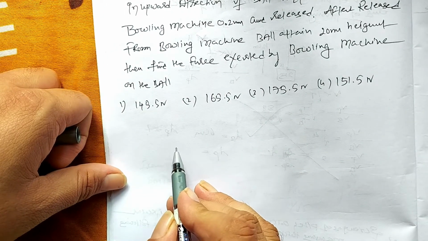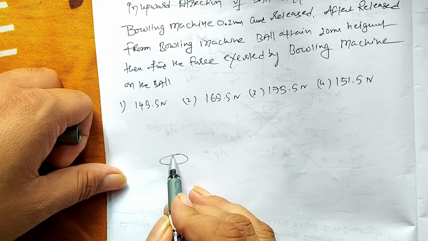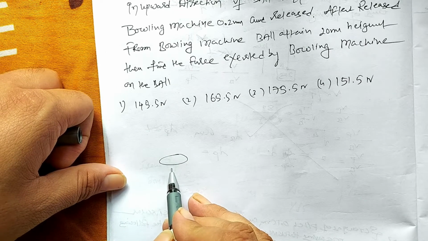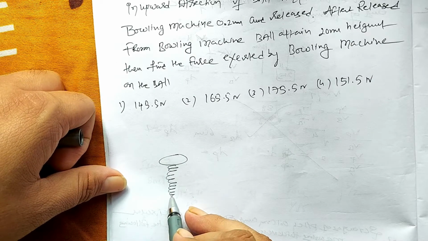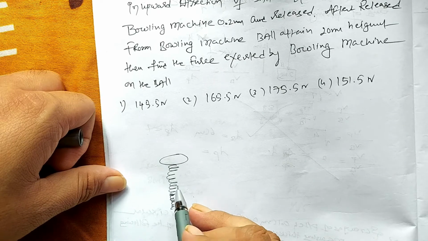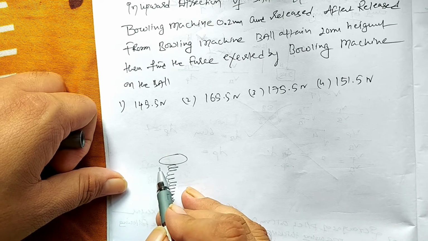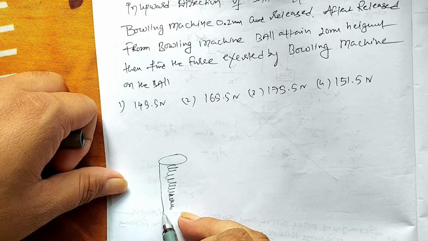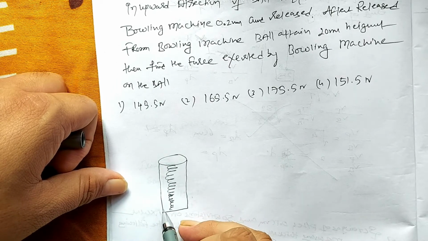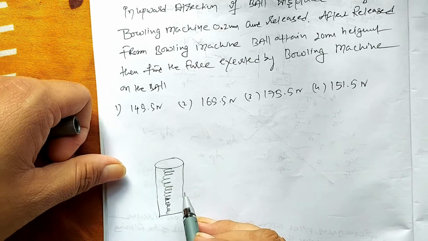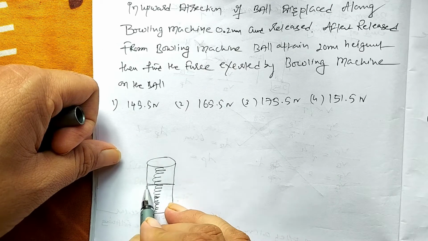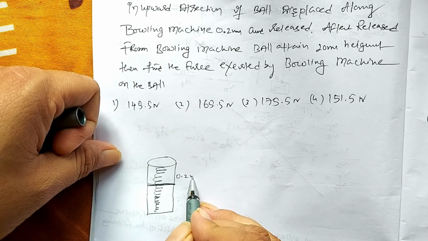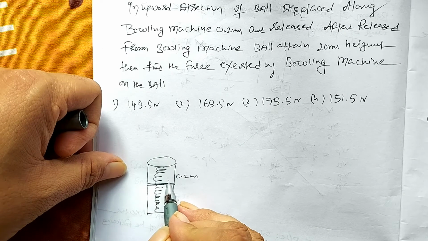So here, this is a bowling machine. Now the ball is compressed up to 0.2 meters and released.